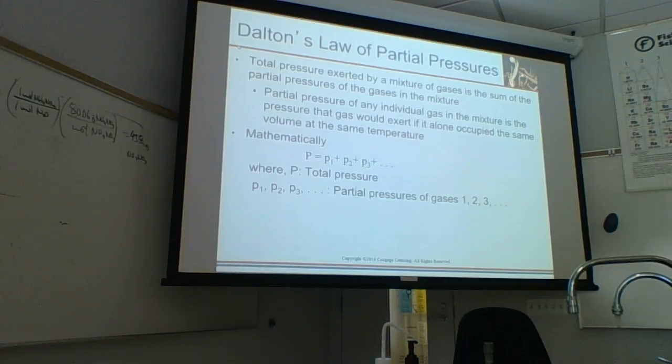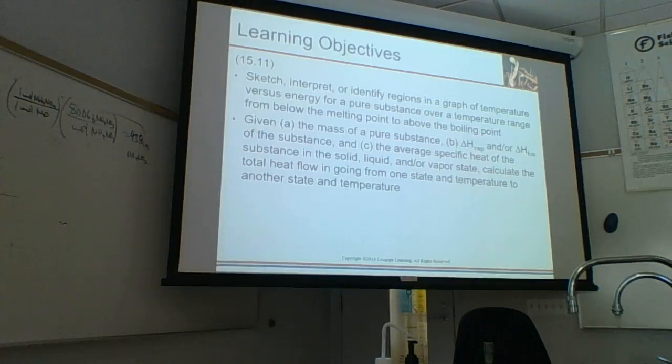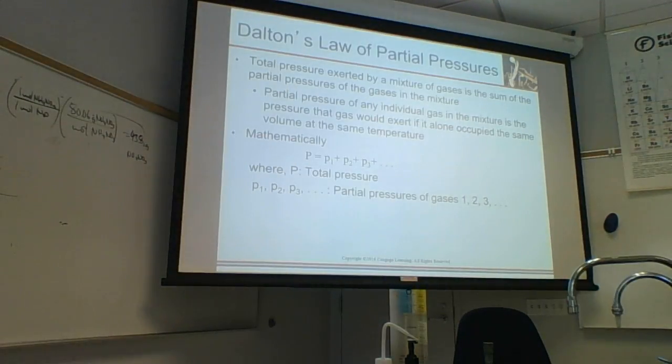These are the learning objectives. Did I talk about Dalton's law yet? No? I guess I did not talk about that. Well, let me talk about it here. We needed Dalton's law for the previous chapter, chapter 14, to answer that one problem, number 39.